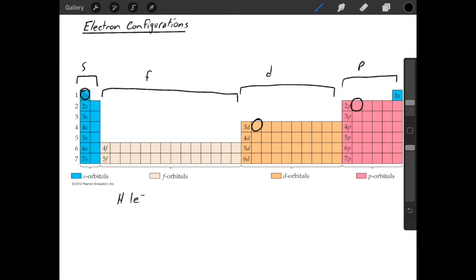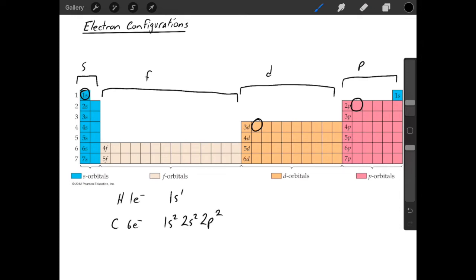So with hydrogen, you have 1 electron. So no matter where it goes, it's going to be in its valence shell because there's only 1 electron. And hydrogen is, in fact, an s block element because its only valence electron is in an s orbital. Carbon has 6 electrons, and it has the electron configuration 1s2, 2s2, 2p2.